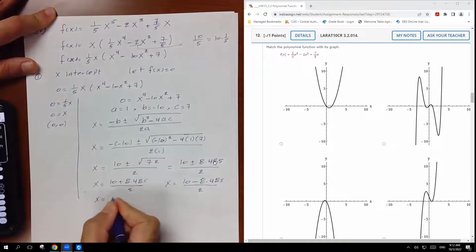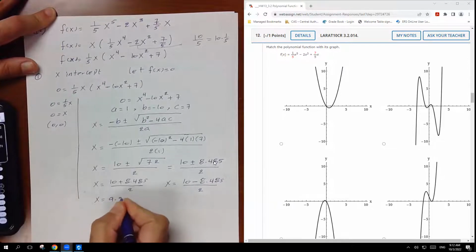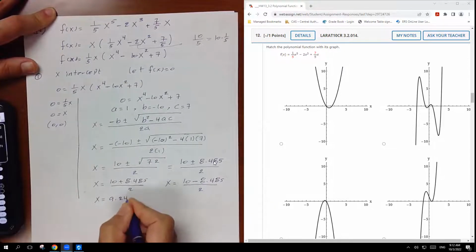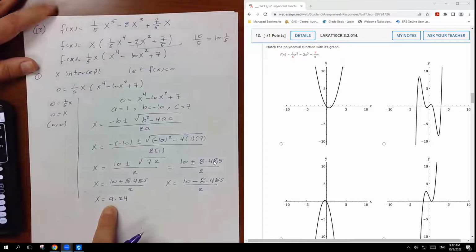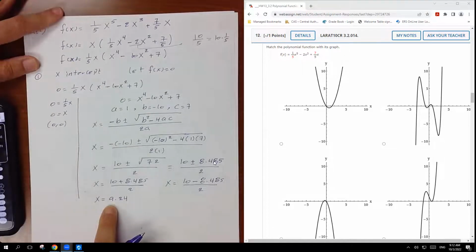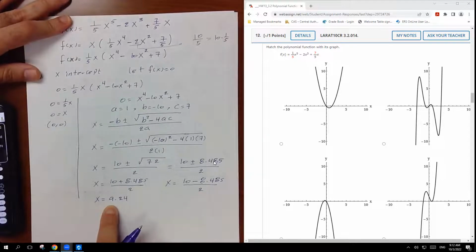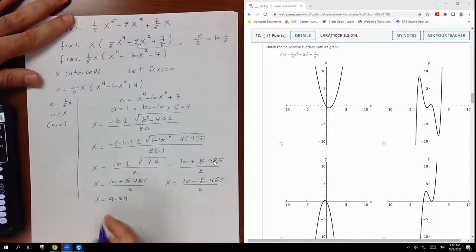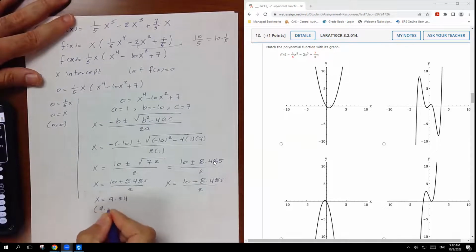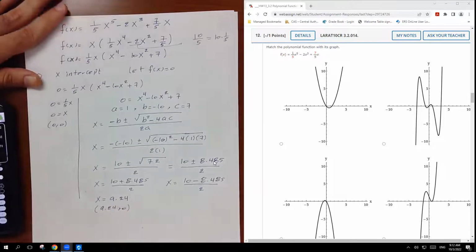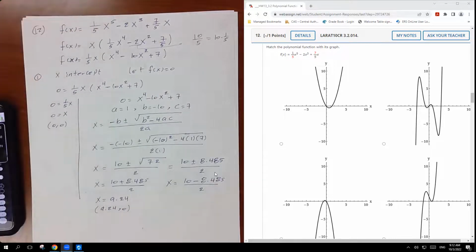Now it's easier for me to graph the points. So this is going to be 9.24 with the 0. Let's check, do we have this point on the graph?